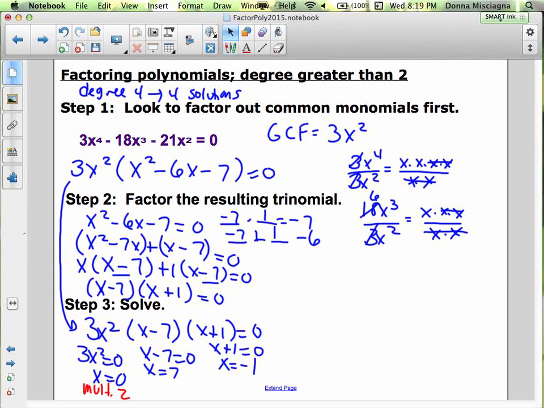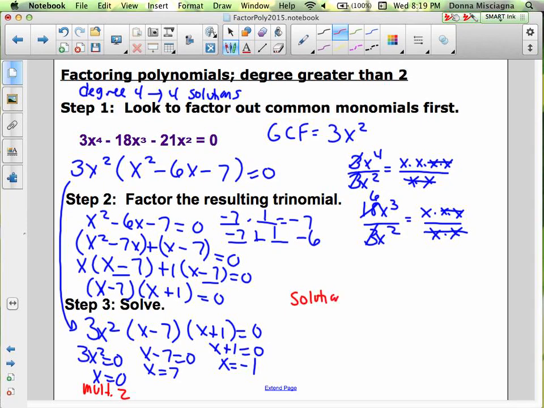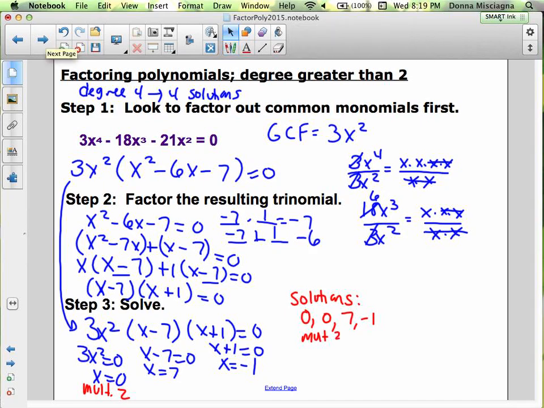Our solutions are 0, 0, 7, and negative 1, because this one is multiplicity 2. If you have a squared, or 2 of the same factor, then it's going to be multiplicity 2.